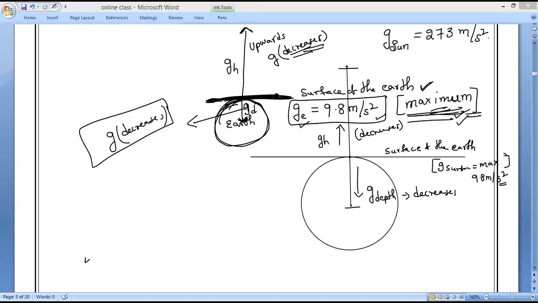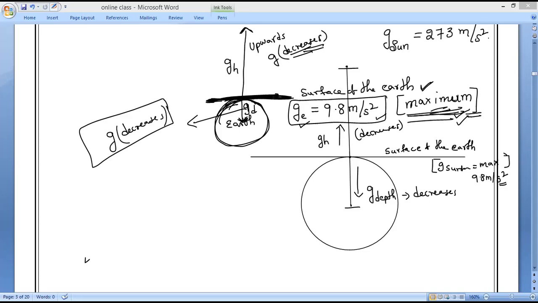Are you completed? Any doubt? Now, keep the heading: Acceleration due to gravity, hyphen, factors affecting it. What is the first factor? If you understand this concept, you can understand. Going upwards means what is the correct word we can use?